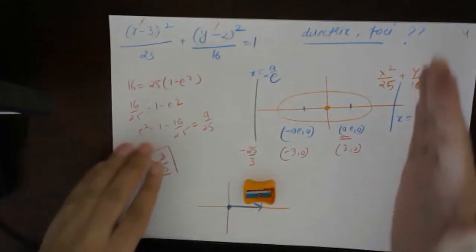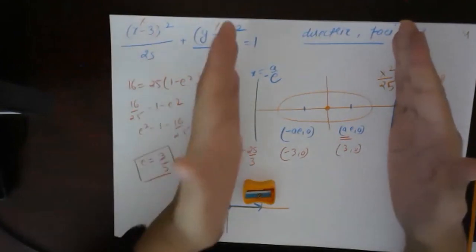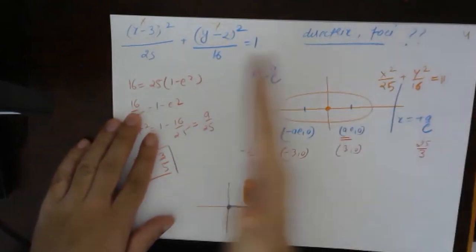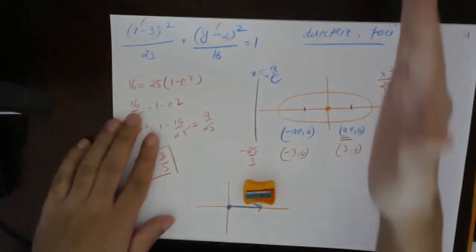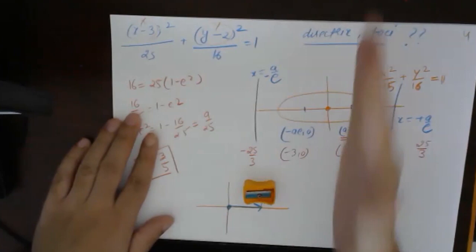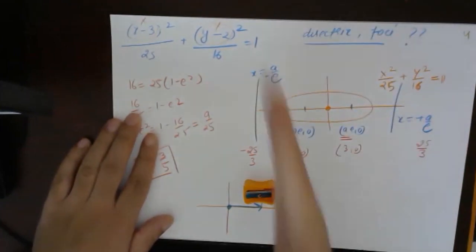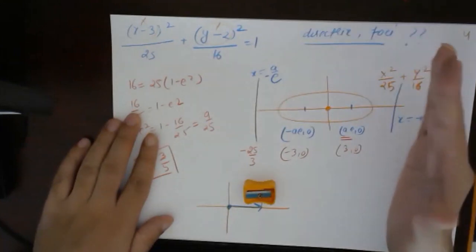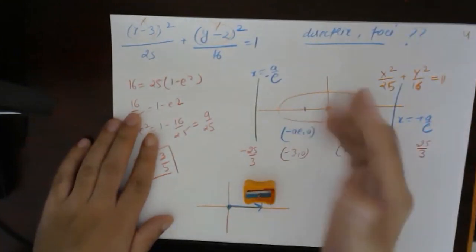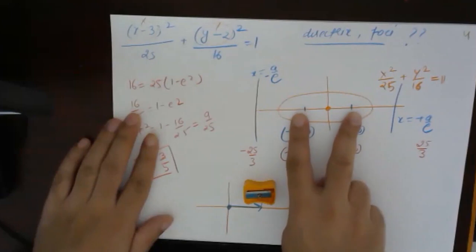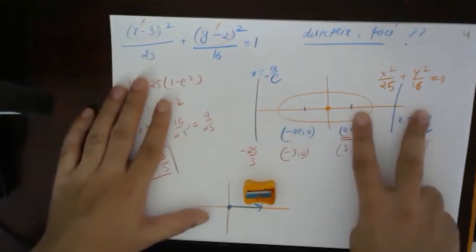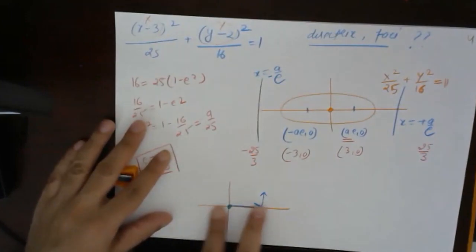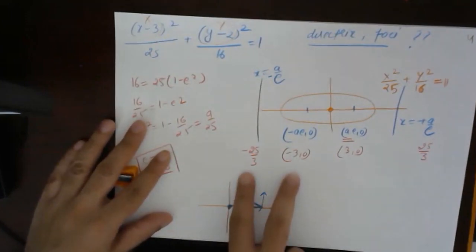Same thing happens if the ellipse is moved: the directrix will also move 3 in this direction, and since it is a line, moving above or downwards won't matter. The foci will also be moved 3 in this direction and 2 above.